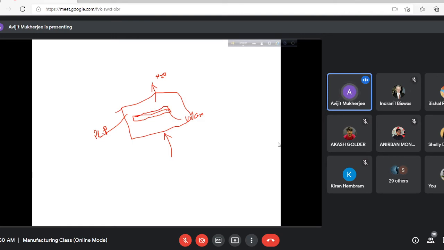There are some provisions so that this molten metal can come out. As soon as the wax is melted, a cavity will be formed here. So this is a very hard structure, and inside there is a cavity.